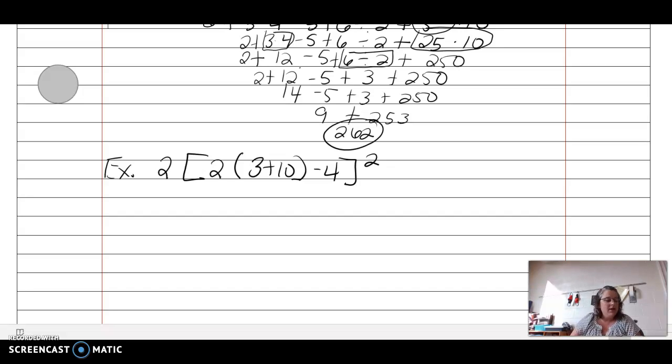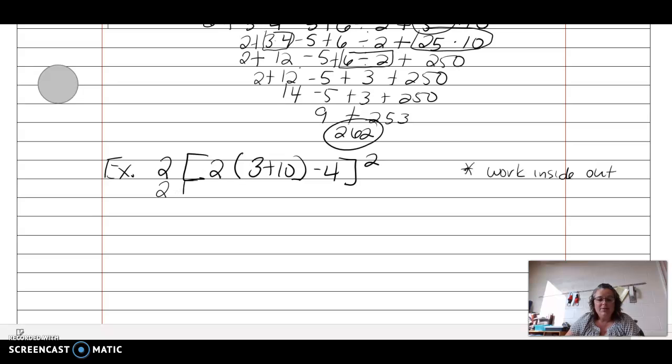Okay, we're going to treat our brackets and grouping symbols the same. So we have to do what's inside the parentheses first. And we have multiple sets of grouping symbols. So we'll work from the inside out. So maybe put a little note over here. We'll work inside out. So one step at a time.